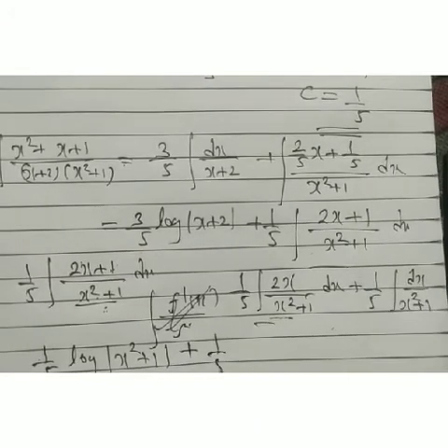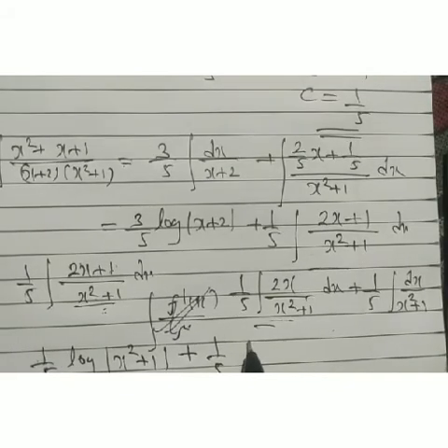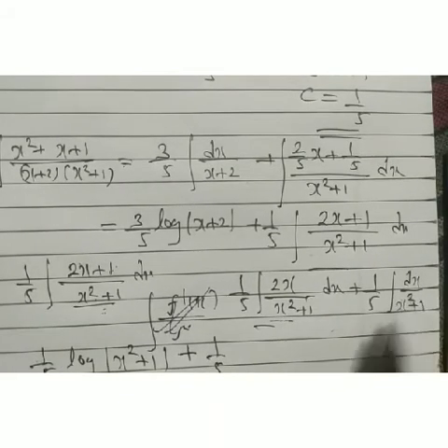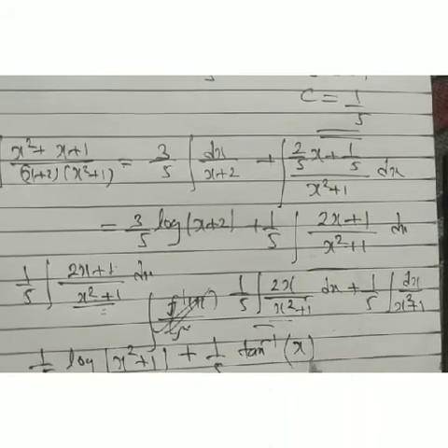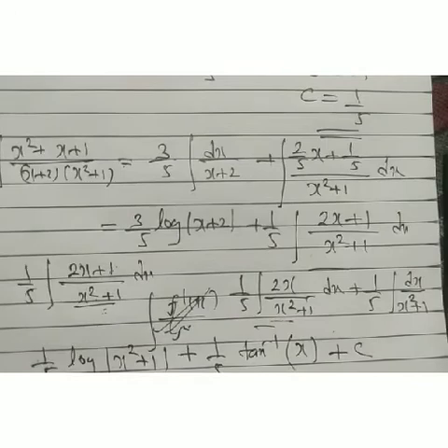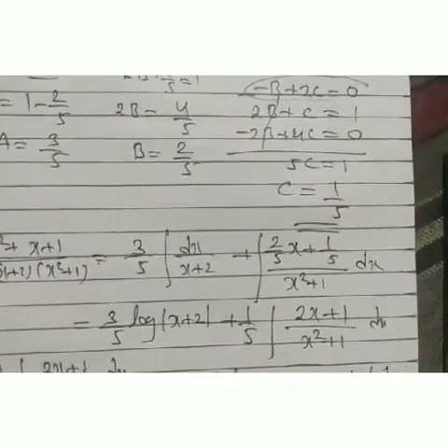Then we have 1 by 5, 1 by a. Again a is 1, so it's not necessary to write 1 by 1, tan inverse x, and then plus c. Now we have the values of these integrals. And what is our answer?